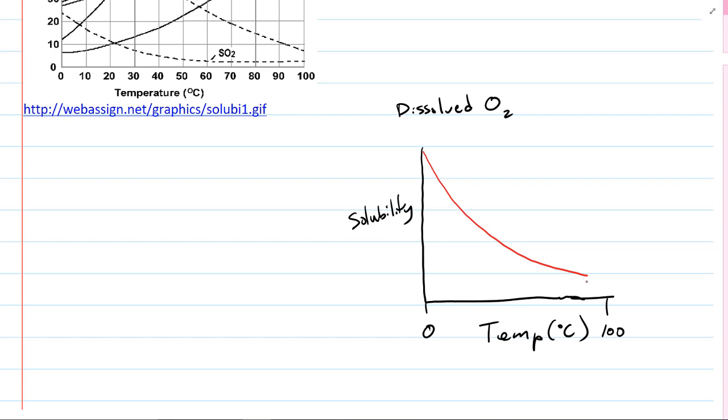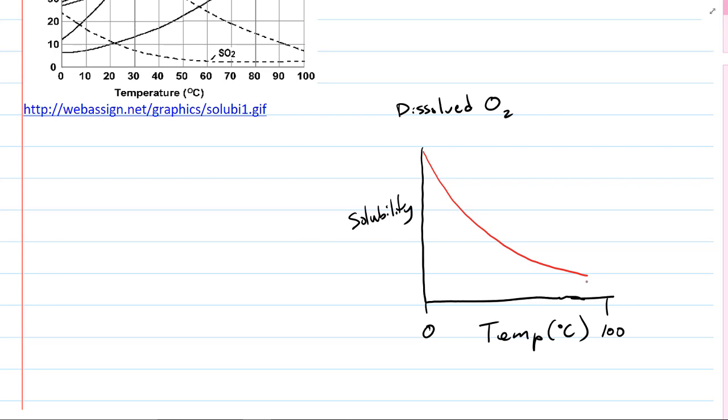Not all of it, there's some that remains behind, but most. And so basically, once the lakes freeze over, we're locking in the oxygen for the entire winter. Those fish and other aquatic species have to survive on whatever oxygen is locked in for the rest of the winter. And so the fact that we have this highest solubility at 0 degrees Celsius is a good thing.